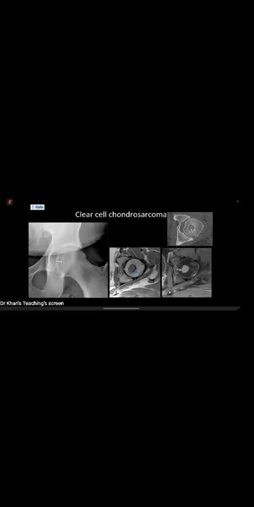This is just to show you an example of what that would look like. On the plain film, you can see a fairly similar lesion. If you have an AP radiograph, this patient is 35. You can see that well-defined lytic lesion with sclerotic margins, just as we did in the case before. Actually, this lesion was picked up incidentally.